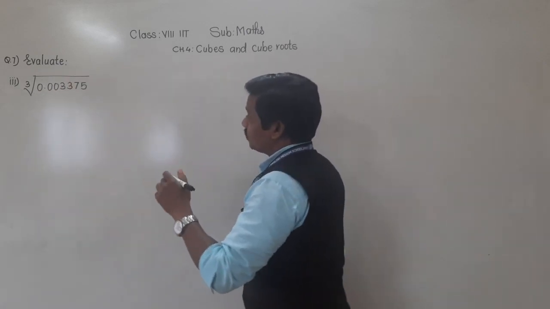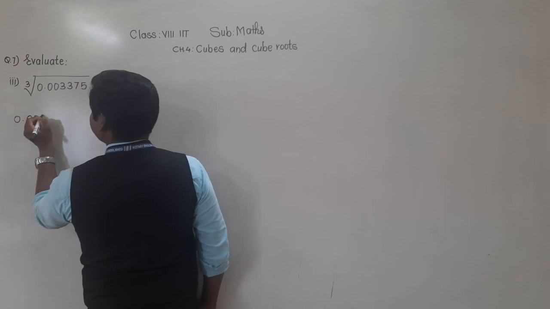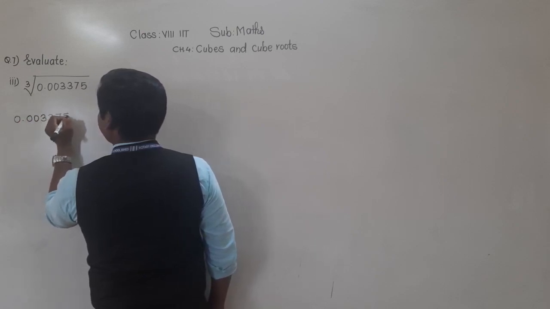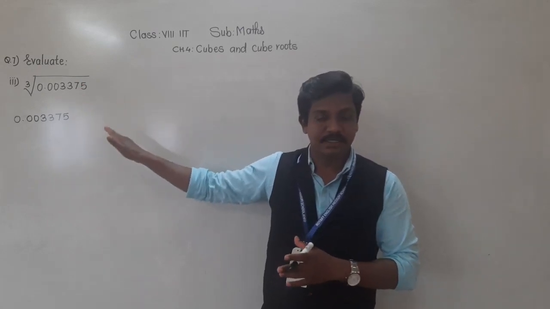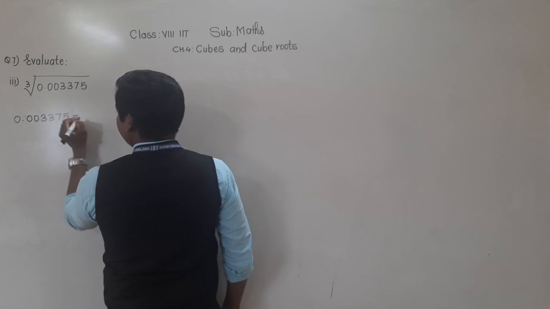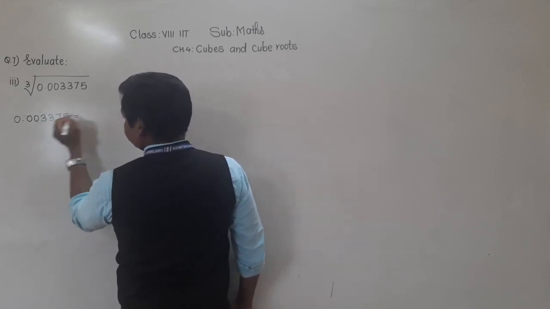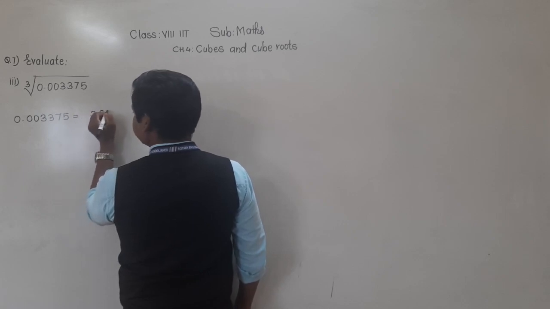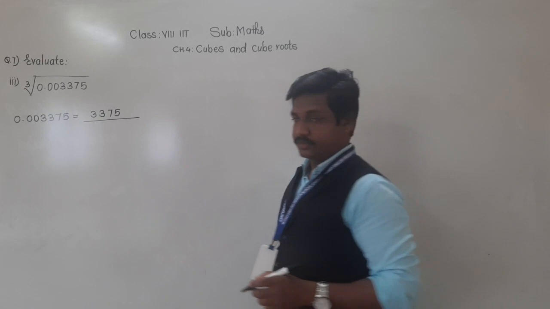0.003375. First take this number out, 0.003375. And first convert this decimal number into a common fraction. While converting this into a common fraction, it is 3375 upon what will be the denominator.